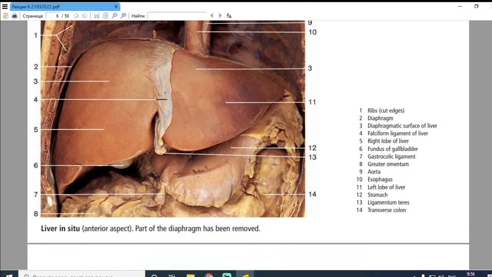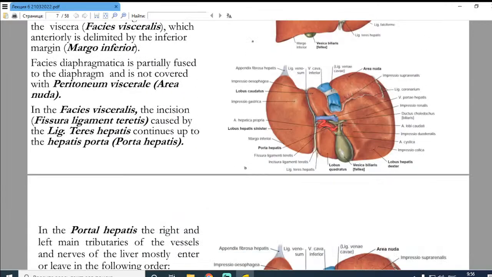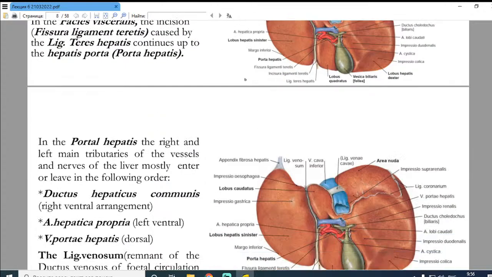Facies diaphragmatica, dextral lobe and sinistral lobe. This is the margo inferior of the liver. Porta hepatis.